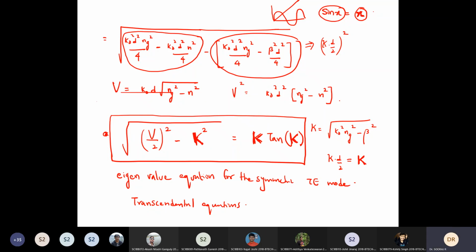The electric field will have cosine profiles. So what kind of profile? Cosine. Okay, if the mode has a cosine profile, an even profile, then you call that mode the symmetric mode.